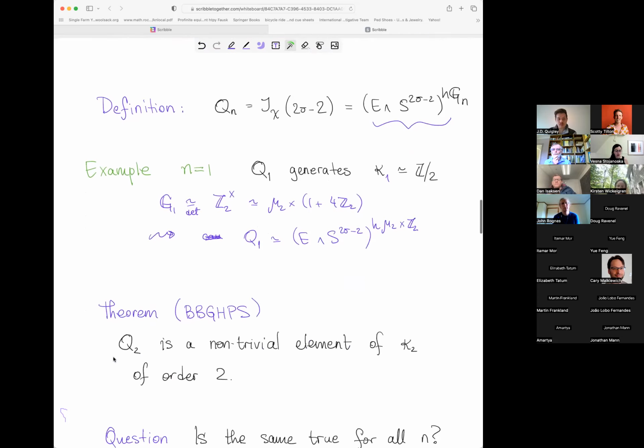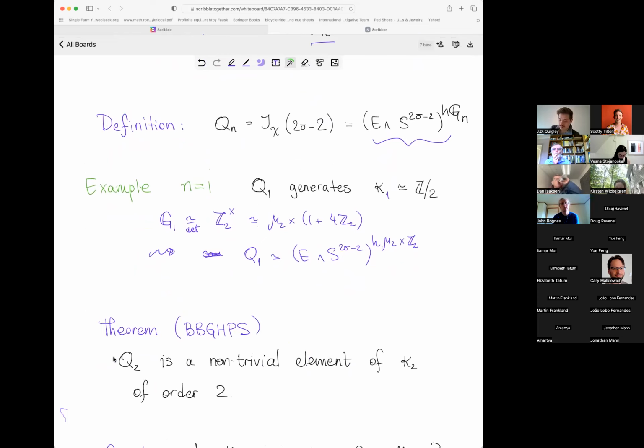Okay, so the theorem that we proved, among other things in this paper, is that at height 2, Q_2 is a non-trivial element of kappa_2, and actually has order 2. This is the same sort of situation as at n equals 1, but at n equals 1, all kinds of constructions you could do at height 2 become the same sort of thing.